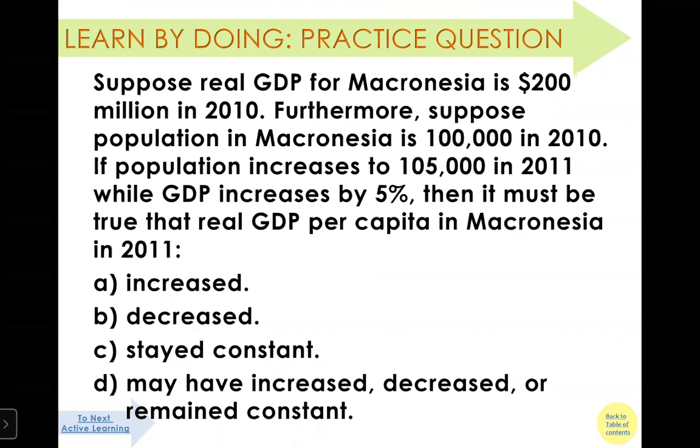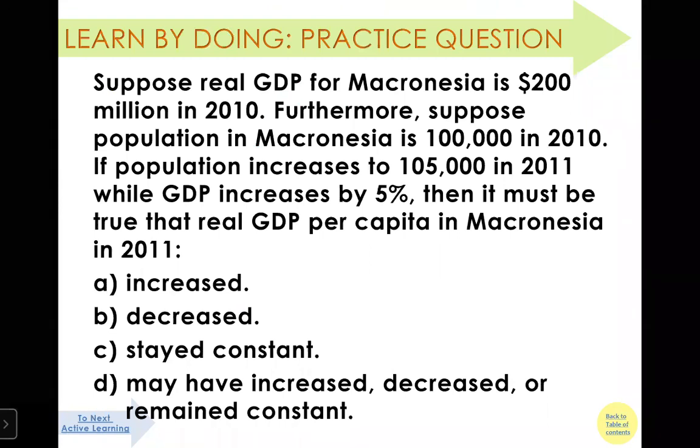Now here, this example just shows us the notion of economic growth. Suppose real GDP for Micronesia is 200 million in 2010. Furthermore, suppose population is 100,000 in 2010. If population increased by 5%, and GDP increased by 5%, then what must be true about real GDP per capita in Micronesia in 2011?